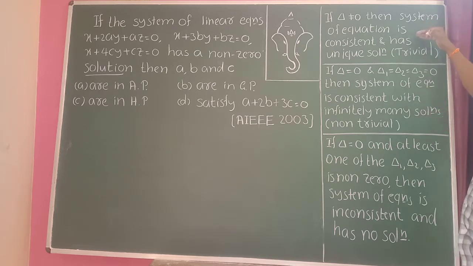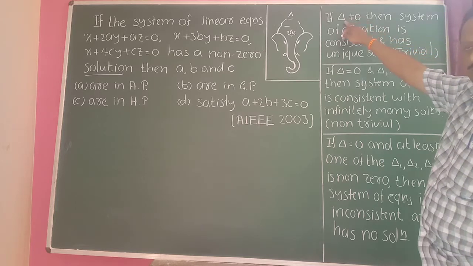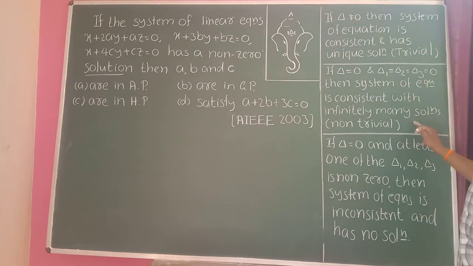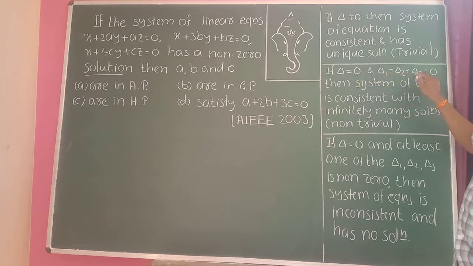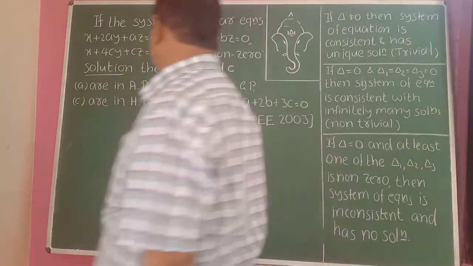If a system has a unique solution, delta is not equal to 0. If a system has infinitely many solutions, delta is equal to 0. In this case, all of delta 1, delta 2, delta 3 are 0. Therefore, here delta is equal to 0.